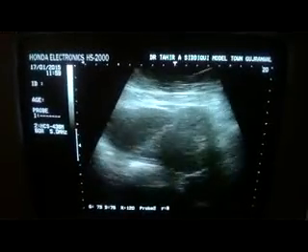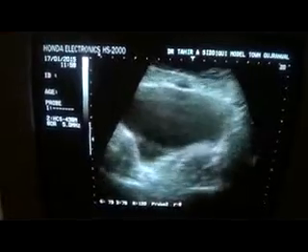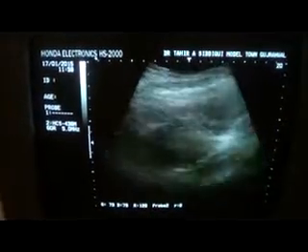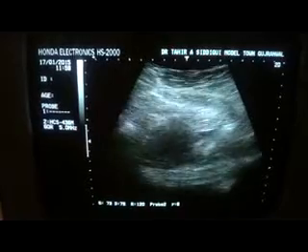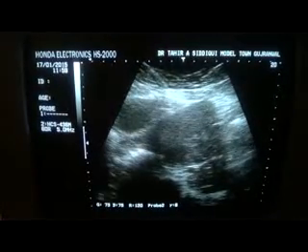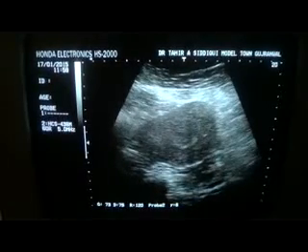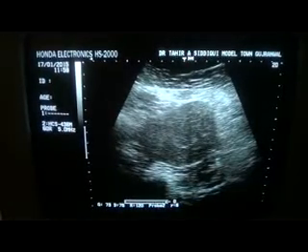in the, this is the transverse section. This is a small tiny cystic area.